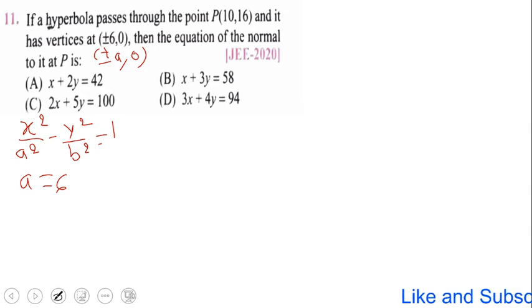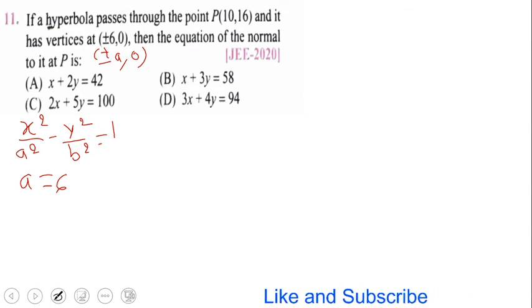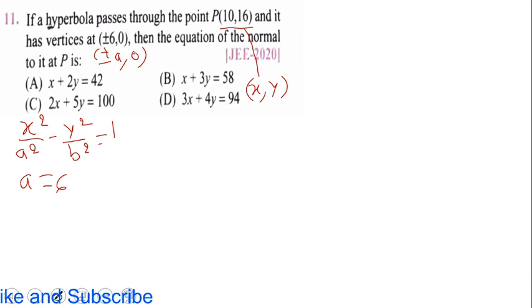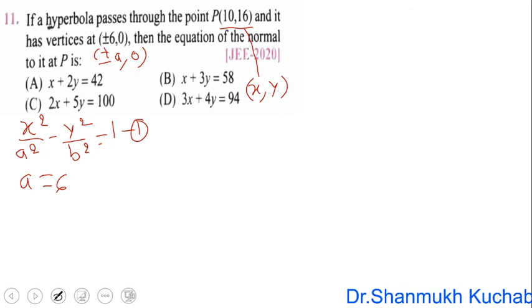Then further they have given a point. That point is 10 comma 16. We can take this as x comma y. So x is 10, y is 16, and a is 6. All these values we will substitute in equation number 1.